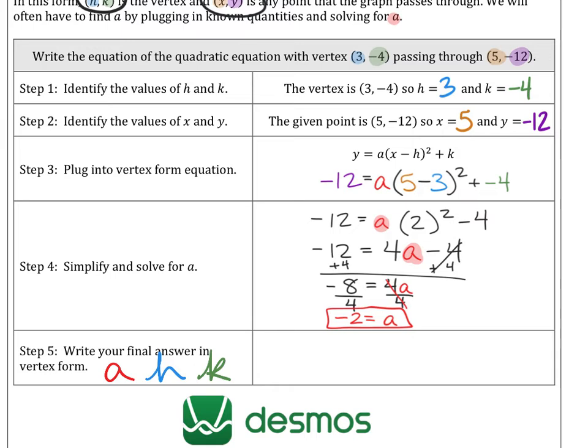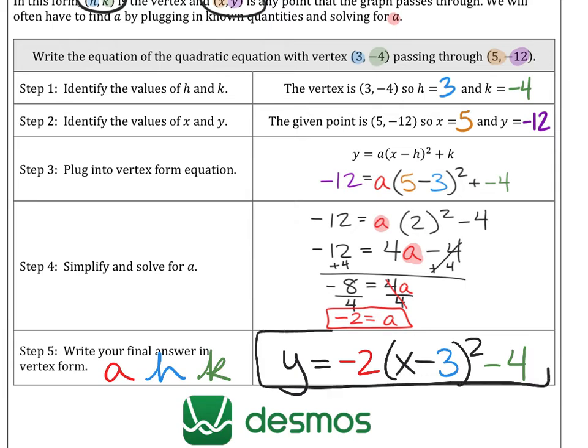So I keep y. y equals a times x minus h squared plus k. And voila, I have written a vertex form equation that has that vertex and passes through that point.